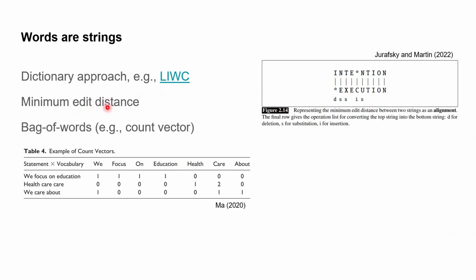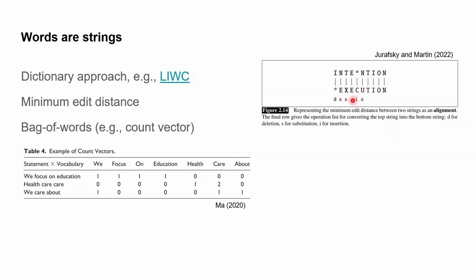So minimum edit distance is about how to change one word into another, from intention to execution. You calculate how to edit them. Like, I will delete I, N I will substitute with E, T I will substitute with X, I will insert C here, then I will substitute N with U. Then I will get execution.